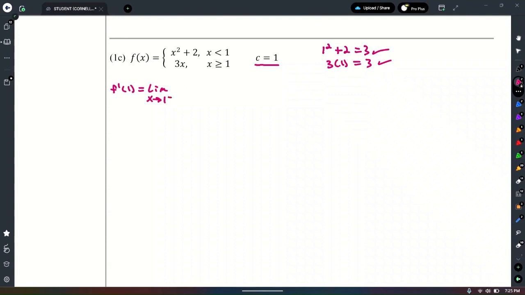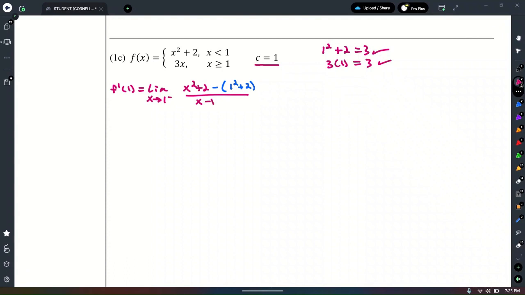So here's what we get. We get f of x, which is just x squared plus 2, and then we have minus, so we're plugging in this 1, so minus 1 squared plus 2. And this is all over x minus 1.